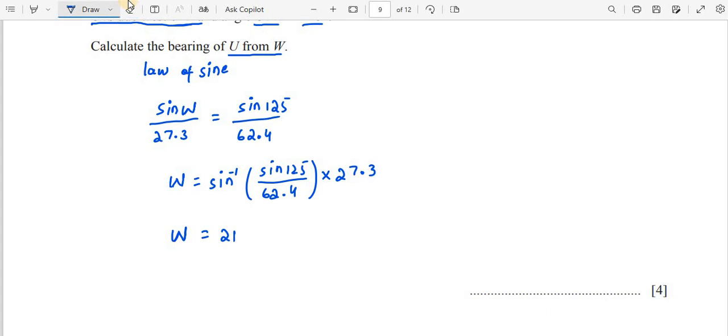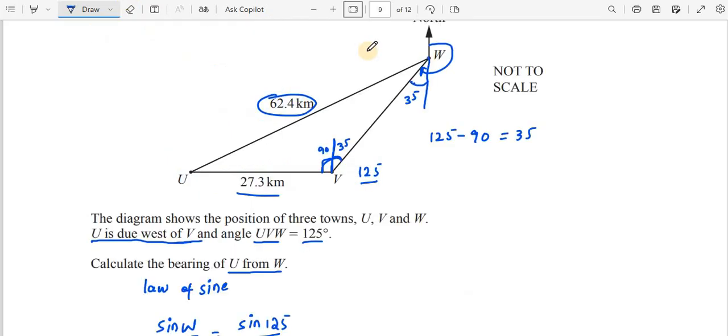So this angle is equal to 21. So from this to this angle is 180, and now we find this angle, which is equal to 21. Okay, and now we find the bearing from U to W.